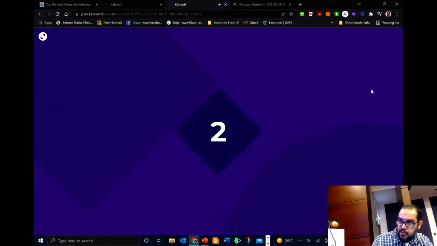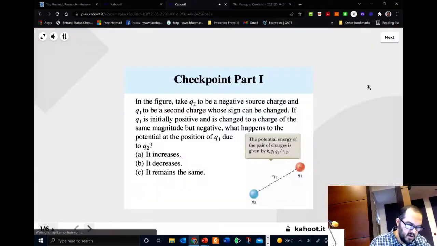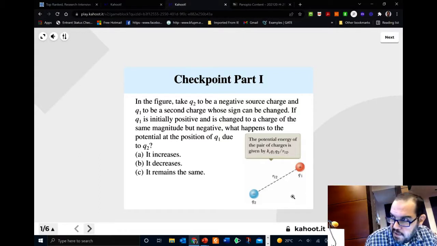So let me read it for you since the font is not very clear on the screen. The figure, yeah, you can barely see it. This is charge Q1 and Q2, a distance R12 between them. Take Q2 to be a negative source charge, and Q1 to be a second charge whose sign can be changed.